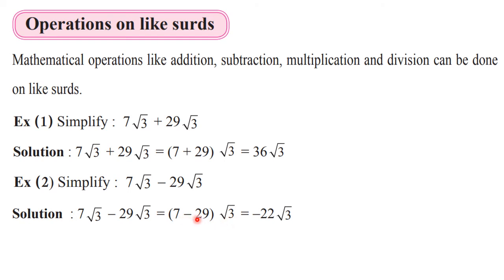So 7 minus 29 is minus 22. When the signs are opposite, we subtract the numbers, and then while writing the answer, we give the sign of the bigger number. Here 29 is bigger, that is why minus sign appears. And therefore the answer is minus 22 root 3. In this way, we can add or subtract the like surds. Got it? Now let's go further to see more examples.